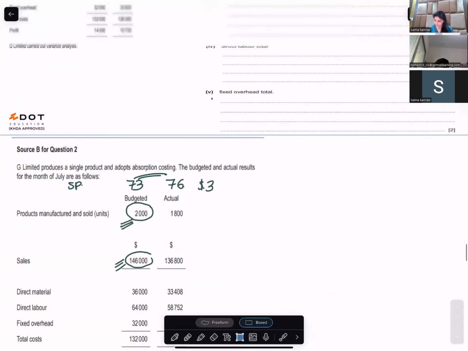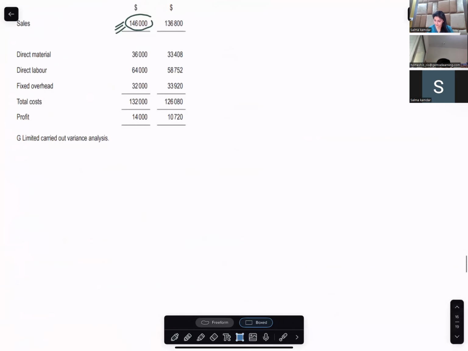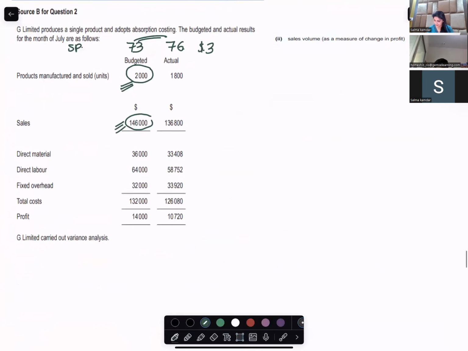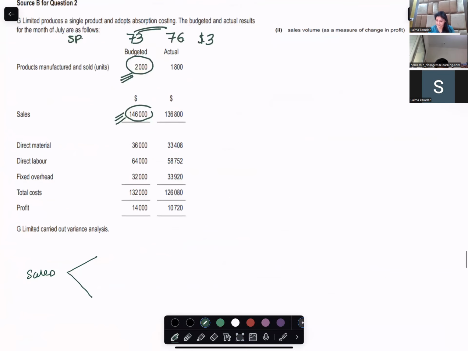Sales volume as a measure of change in profit. Okay, fine. That means you need the change in profit also. Can you again give me, for sales, what are the two variances we calculate? Volume and price. Above you will multiply with what? SR. Down, AQ.